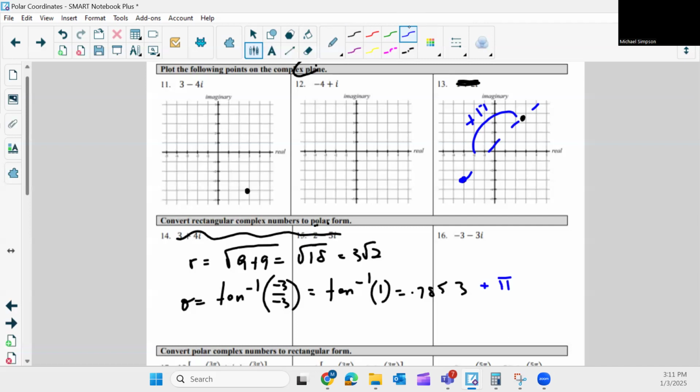When you do that, I'm going to truncate: 3.926. Good.